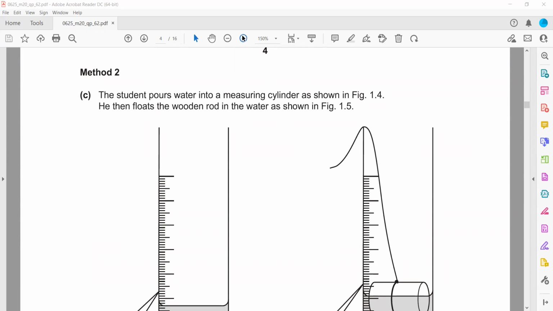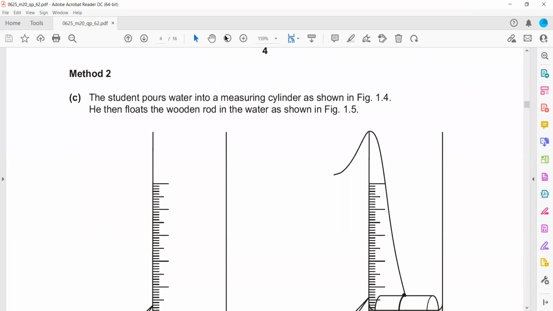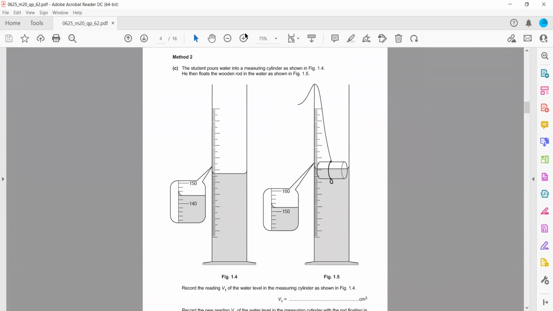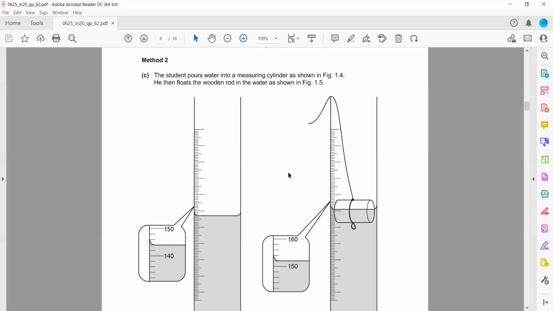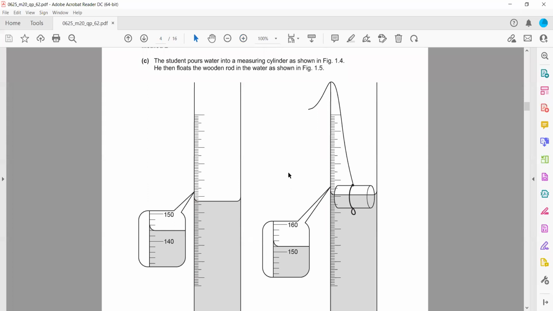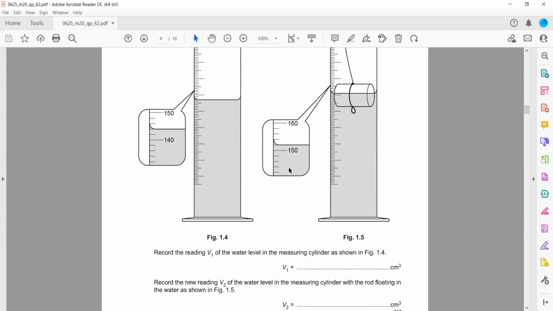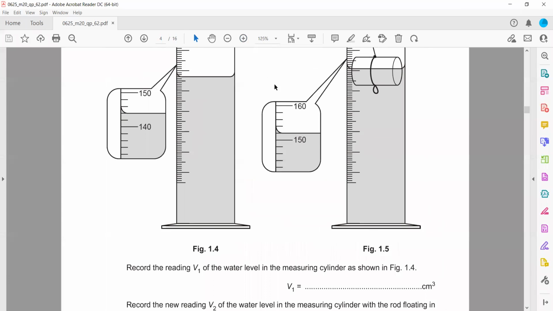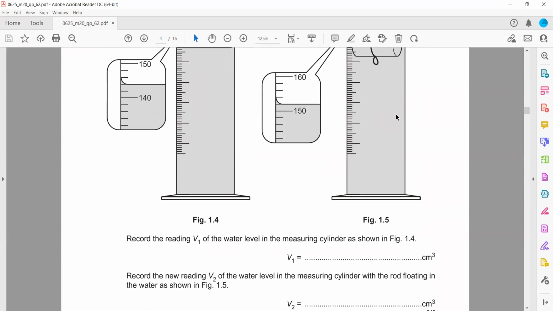The second method, what the student did, the student poured water into a measuring cylinder as shown. And in figure 1.4, he then floats the wooden rod in the water as shown, and records the values V1 and V2 of the water level. So use screen annotation to state what the values for V1 and V2 are.